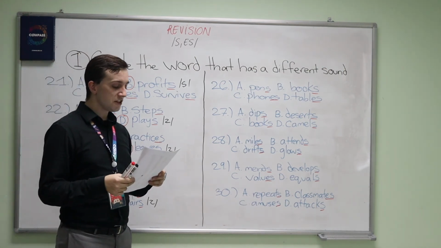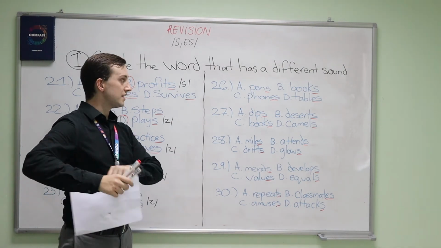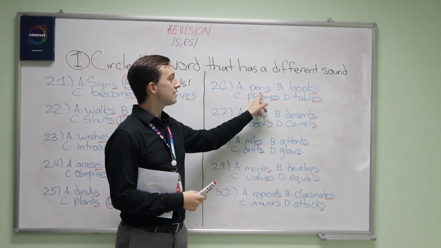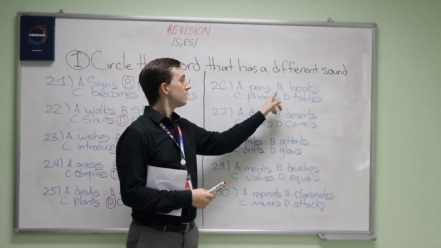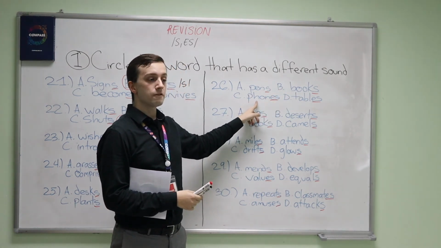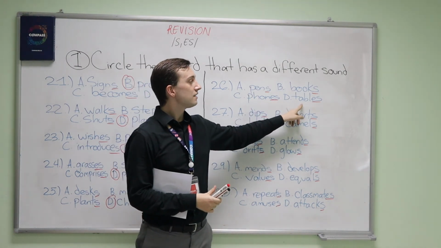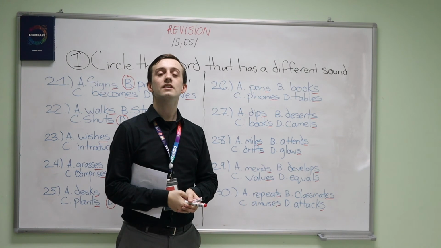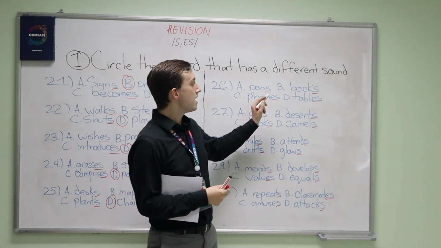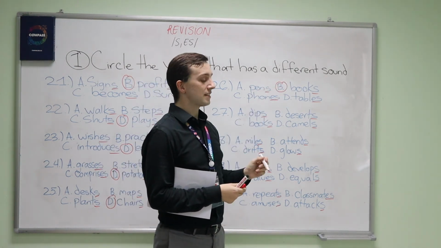Okay, continue with question 26. A is pens, B, books, C, phones, D, tables. Do you know the answer? The answer is B, books.